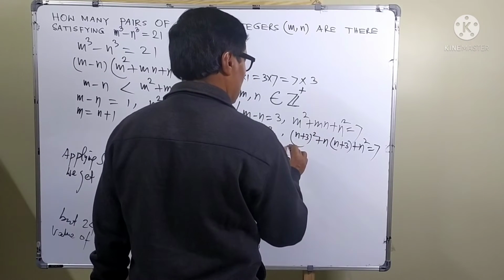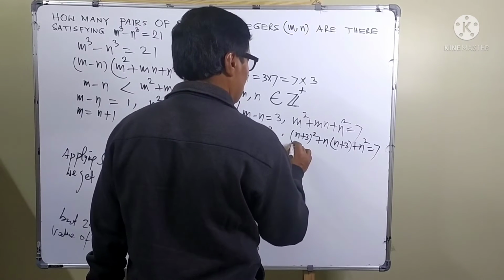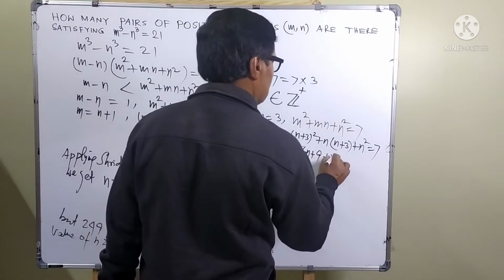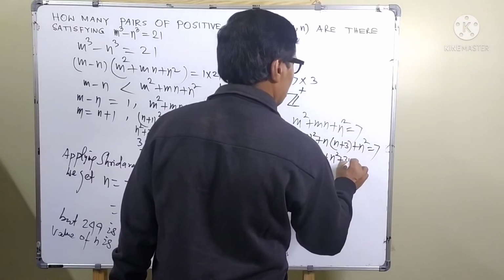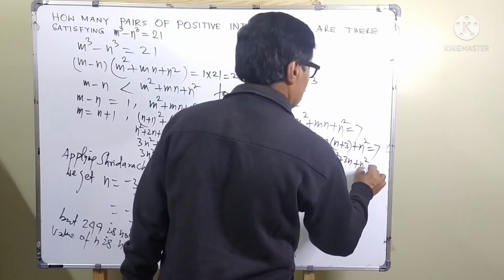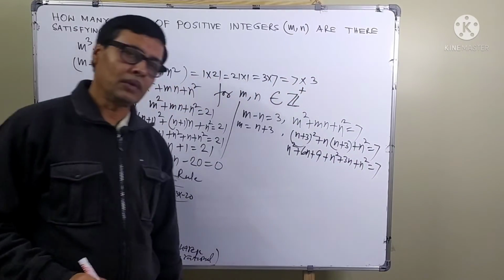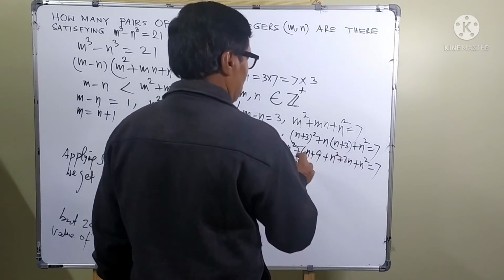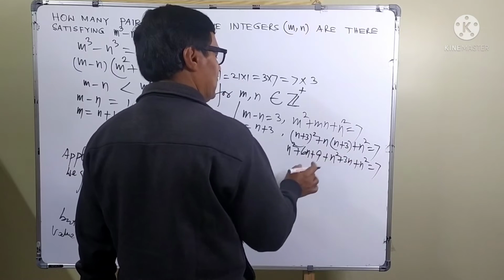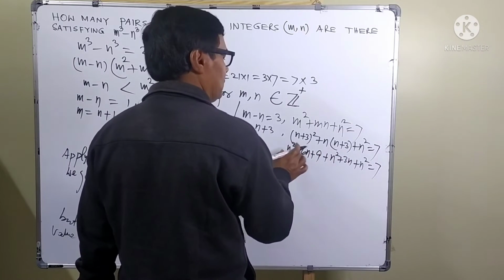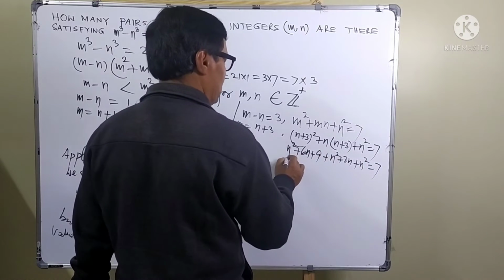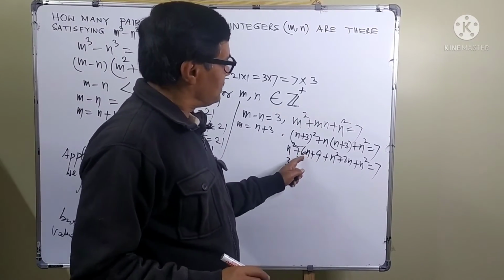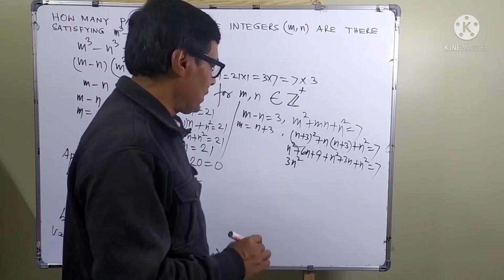After expanding, we get n square plus 6n plus 9 plus n square plus 3n plus n square is equal to 7. Now we add: we get 3n square. After adding 6n and 3n, we get 9n.